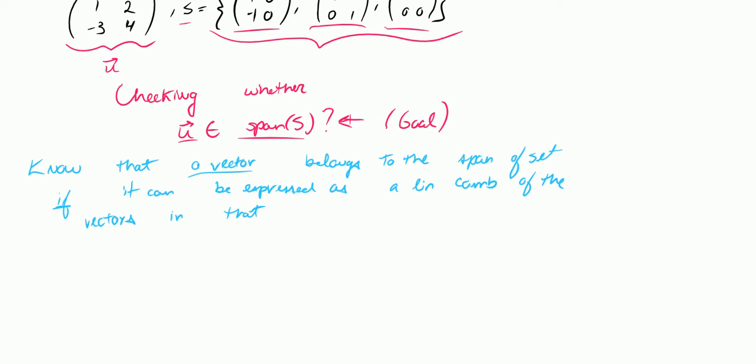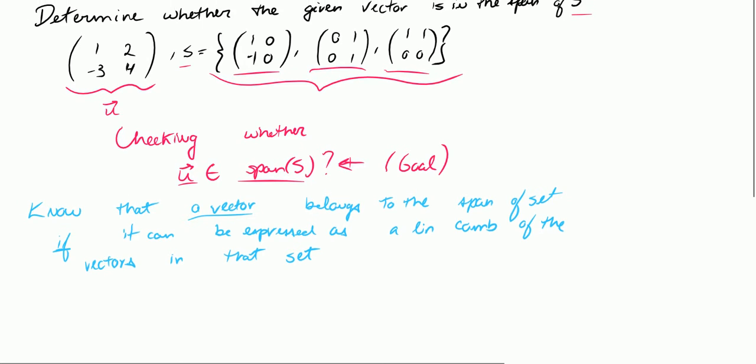You check if a vector is in the span of a set by seeing whether it can be expressed as a linear combination of vectors in that set.